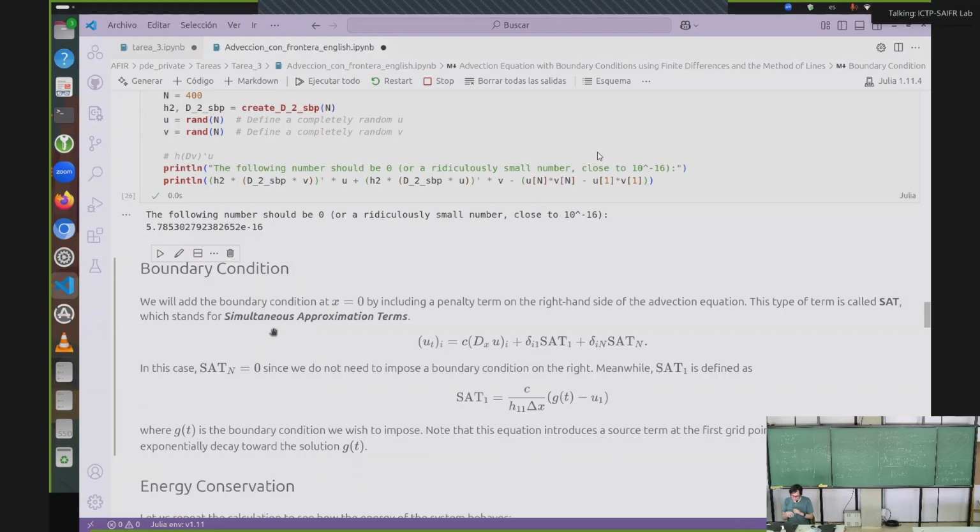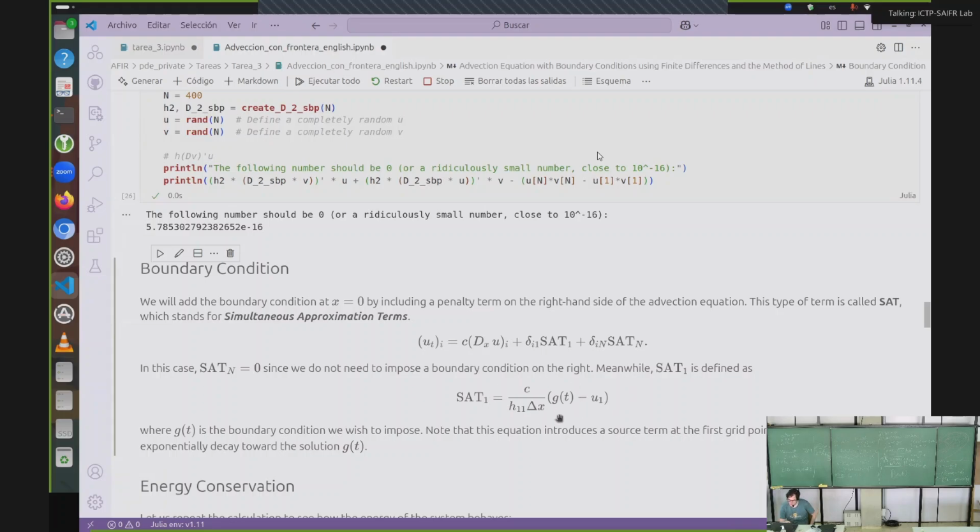Up to now we just defined the operator. Now we need to impose some boundary conditions at the extremes, right? So we will get some boundary condition on the left and some boundary condition on the right. But in this case, the boundary condition on the right will need to be ignored because we don't actually have to impose anything there, because the waves are propagating in that direction, right?